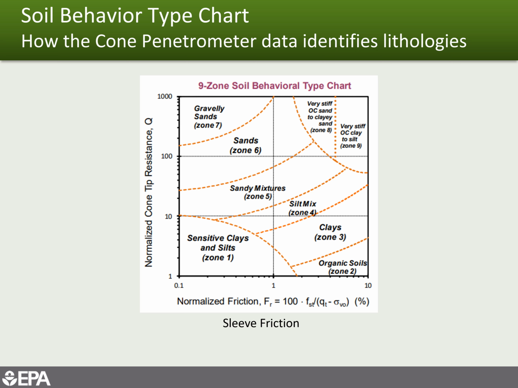Anyway, it's a very useful tool, very basic. It was developed by the Dutch, which is not surprising given how much land recovery they try to perform in the Netherlands. But that's where it was developed, I think, shortly after World War II. Very good for lithologies.